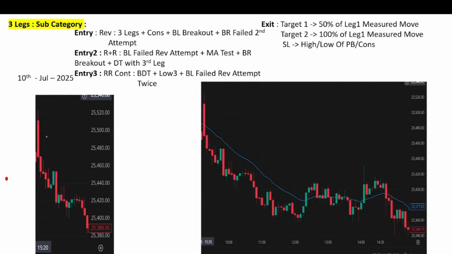Then again on 10th July we had 3 legs by 10:50 and first reversal is bears tried one more attempt to go lower and they failed, so you will enter here, but you can exit around here when you got disappointed and it tested MA and double top with the third leg, so you enter reversal plus reversal trade.